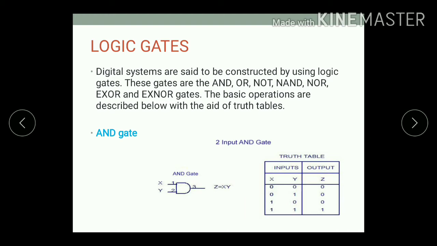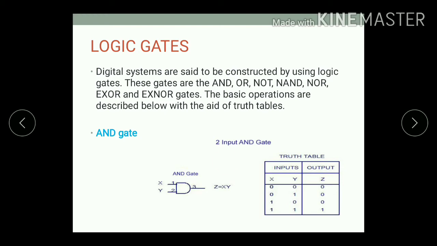Then what is the truth table? The operation of a logic gate or a logic circuit can be best understood with the help of a table called truth table. The truth table consists of all the possible combinations of the inputs and the corresponding state of output produced by that logic gate or logic circuits.